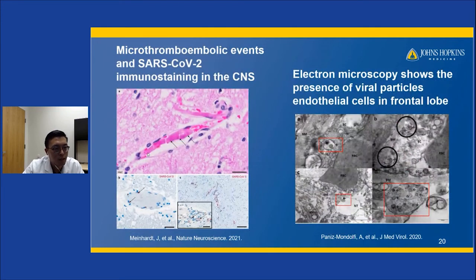You can see here microthrombi in the vessel, this pink tissue, but when you look at this tissue in the frozen section, you can see this is a normal endothelium with COVID-19 infection. You see SARS-CoV-2 virus here and there.